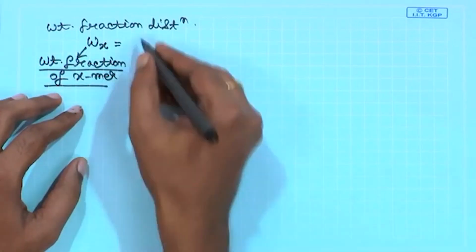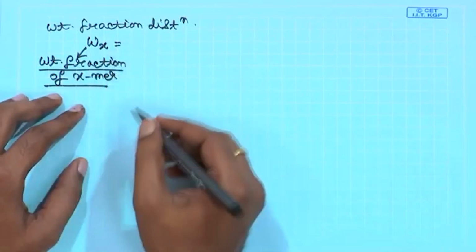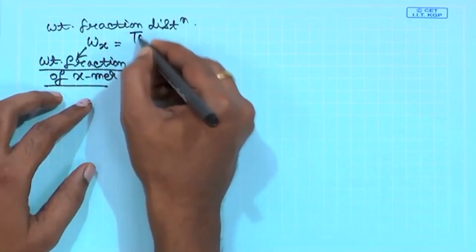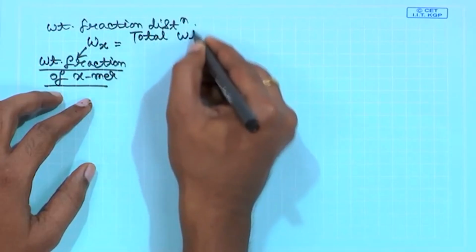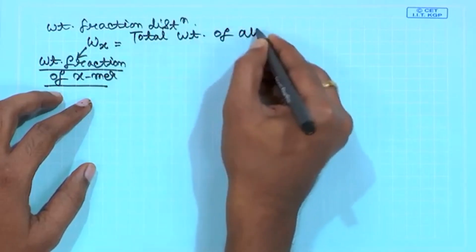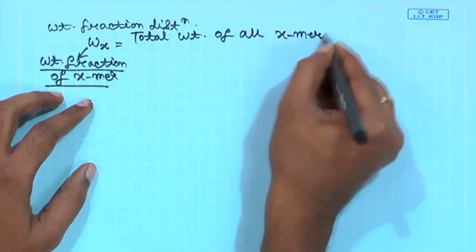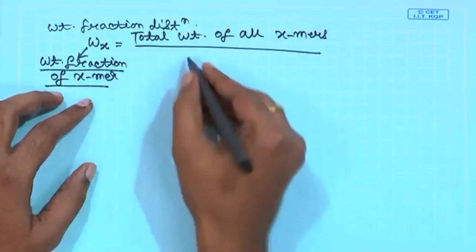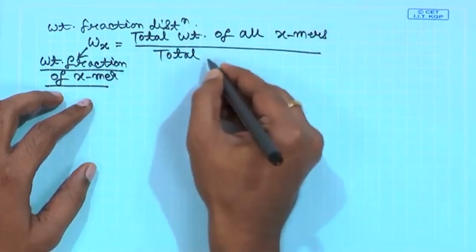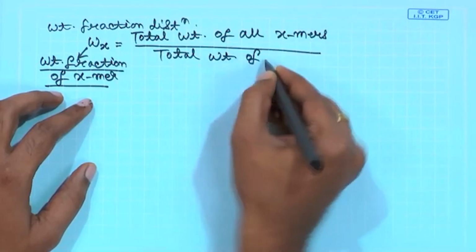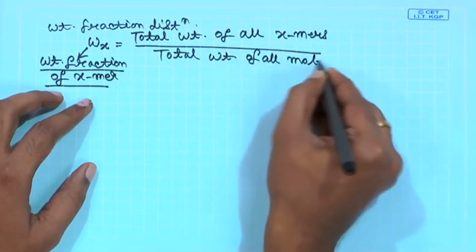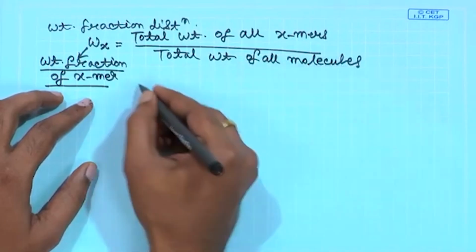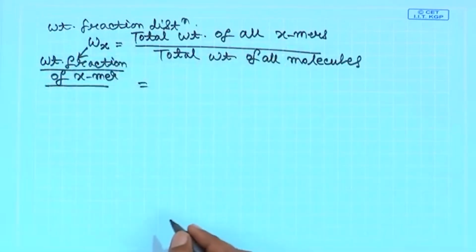So, weight fraction of x-mer is nothing but equal to total weight of all x-mers divided by total weight of all molecules, that is a fraction, weight fraction in this case, which is nothing but total weight of all x-mers.